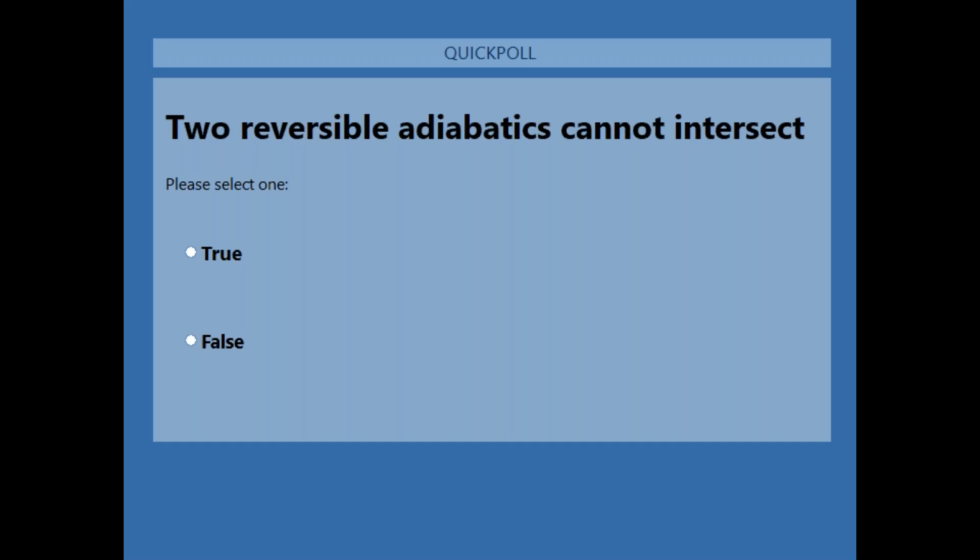It was asked in the form of a true and false question, and the statement was: two reversible adiabatic processes cannot intersect with each other. Is this statement true or false? The majority of the students have opted for the true option, which is correct.